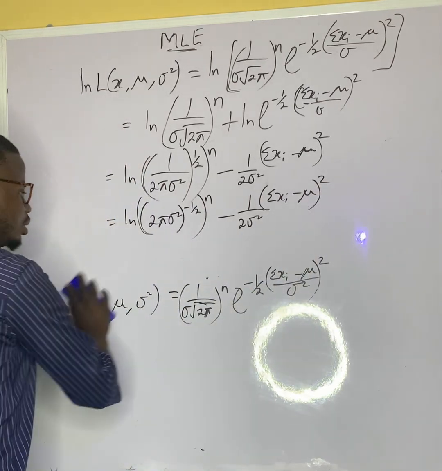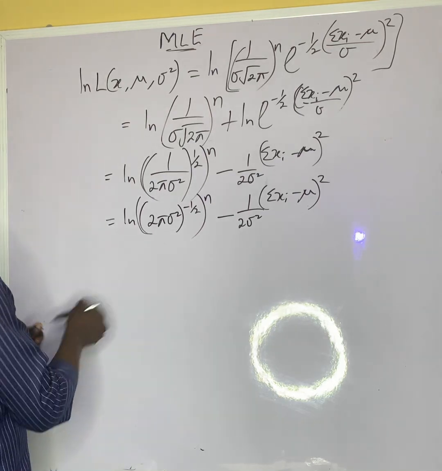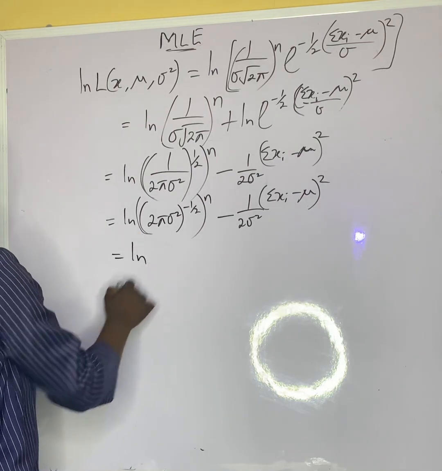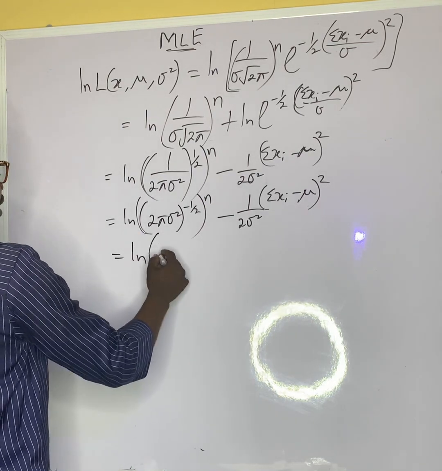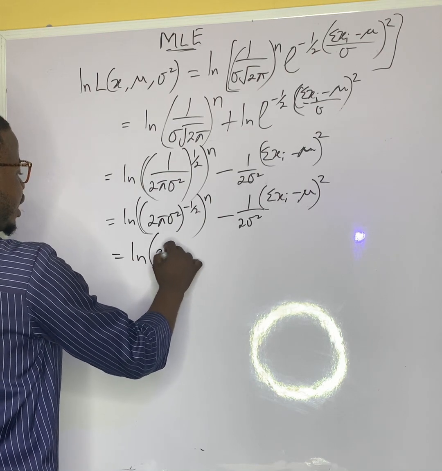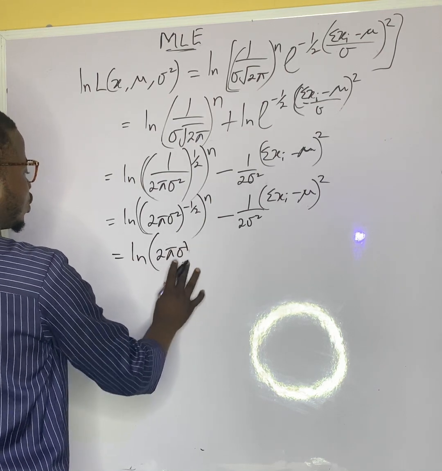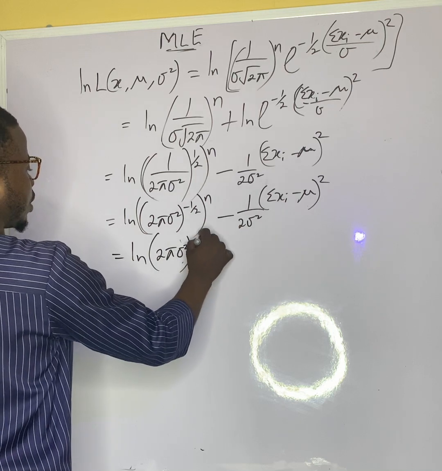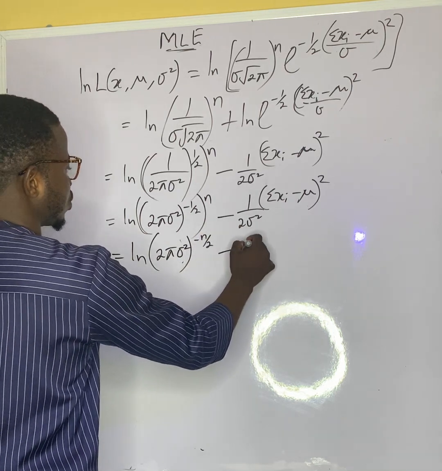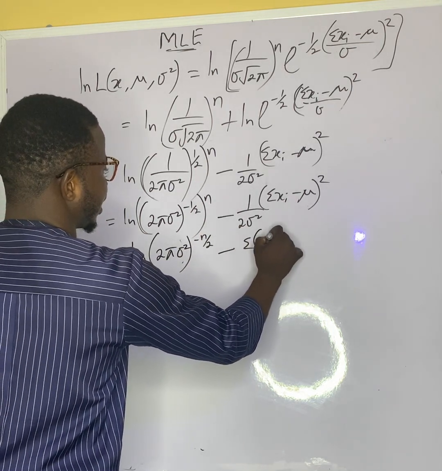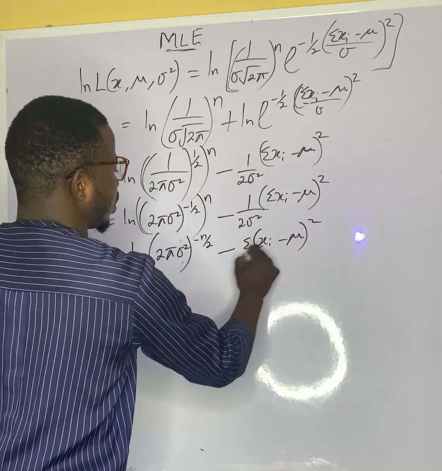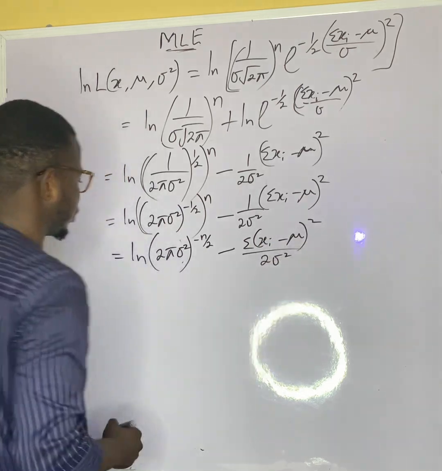Now the next step will be, we can still rewrite this one as the ln of 2 pi sigma square raised to the power minus n over 2, minus summation (xi minus mu) all squared over 2 sigma square.